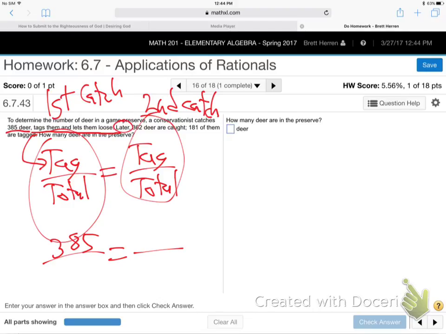Later, second catch. But I can't even see that number now. What is that? 362. Later, 362 are caught. 181 of them had tags. So 181 out of 362 in the second catch had tags, is what they're telling me, huh? Everybody see that? See how in the second catch, 181 out of 362.